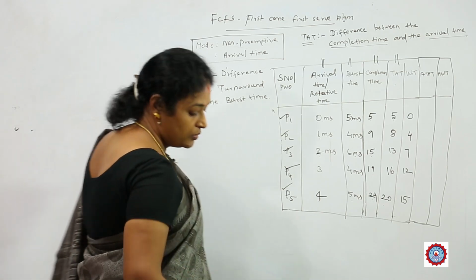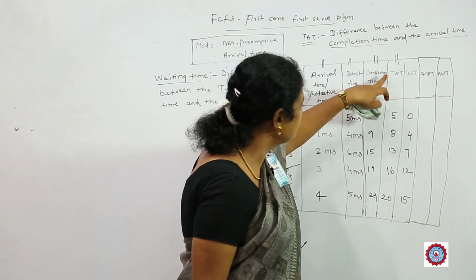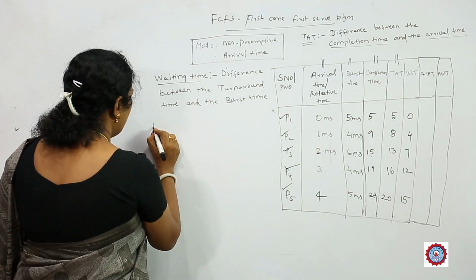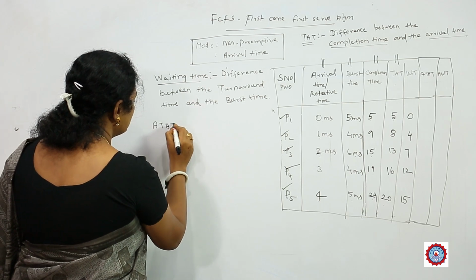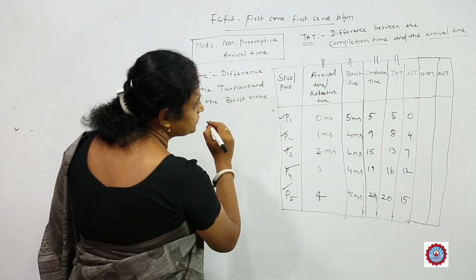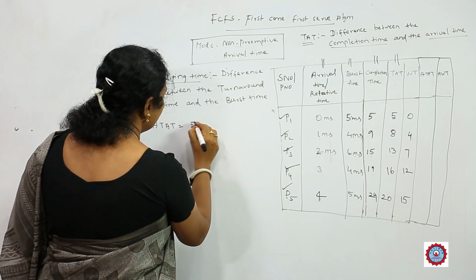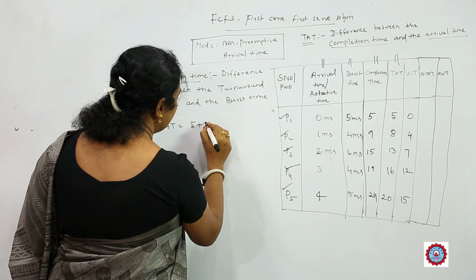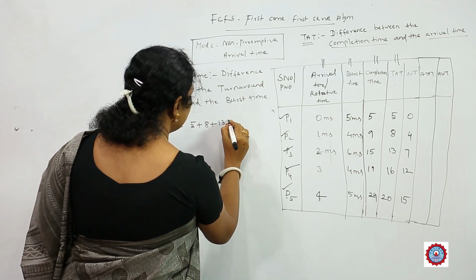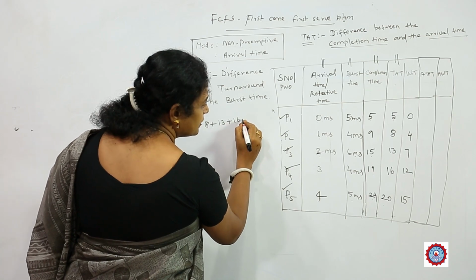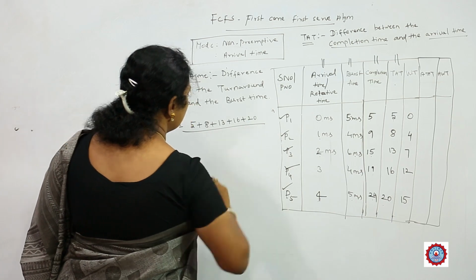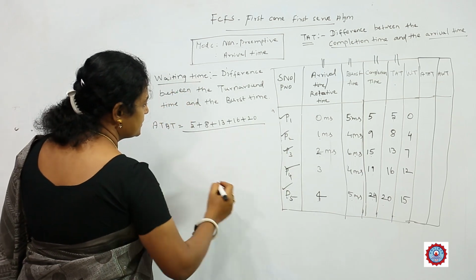So, average turnaround time equal to 5 plus 8 plus 13 plus 16 plus 20 divided by the number of processes.